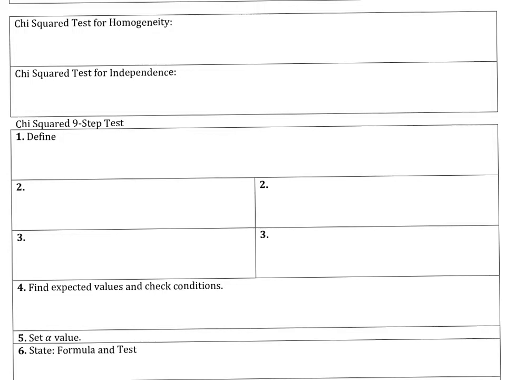And one thing to remember that we kind of touched on is that a large chi-squared statistic indicates a small p-value, which indicates that there may be a significant difference between whatever we observed and what we expected.